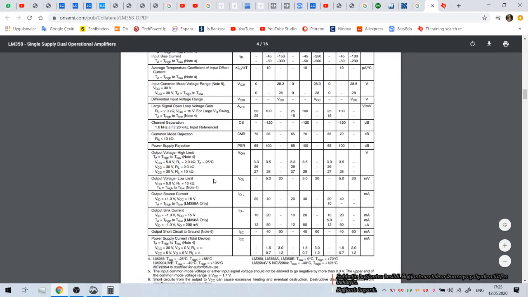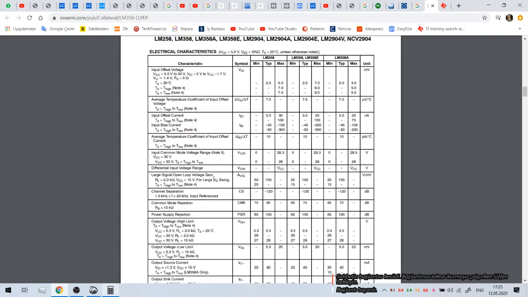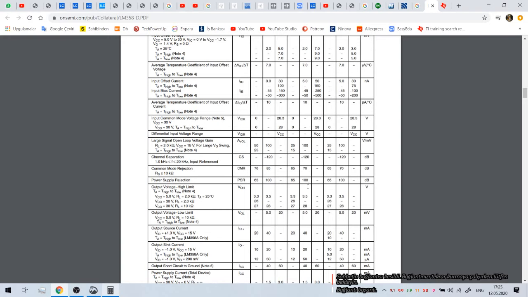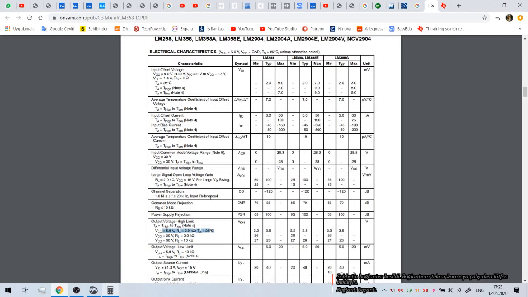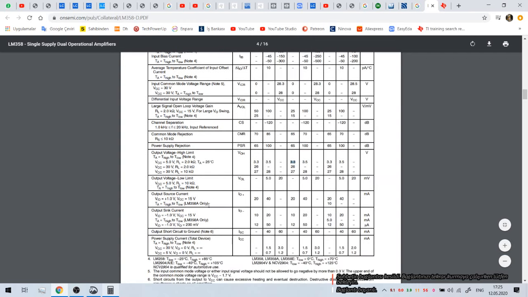Yes, output voltage low limit, output voltage high limit, input offset voltage, differential input voltage range, large signal open loop voltage gain. You can see at 5 volt the LM358 gives at least 3.3, typical 3.5 volt. Yes, the 3.3 volt decision is great, nice.